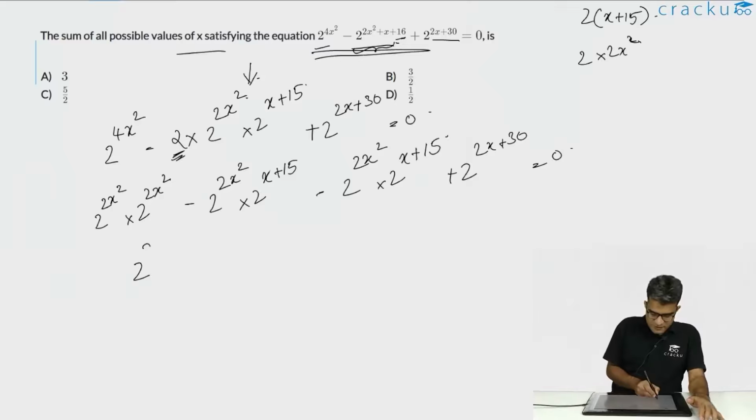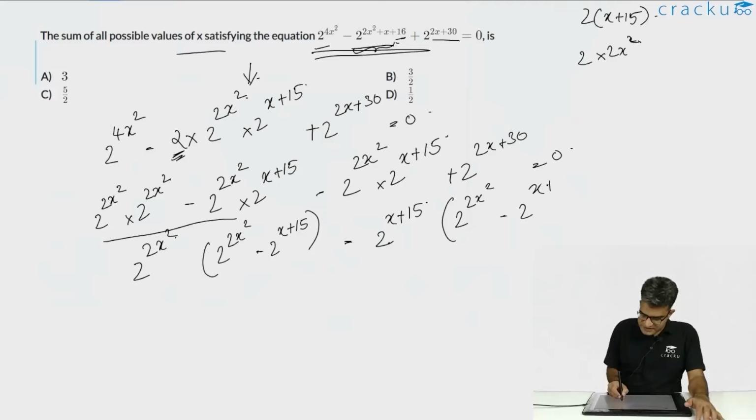Now if you are taking 2 to the power 2x square common from the first two terms, this is 2 to the power 2x square minus 2 to the power x plus 15 minus 2 to the power x plus 15 into 2 to the power 2x square minus 2 to the power x plus 15. This is equal to 0. Why is that the case?